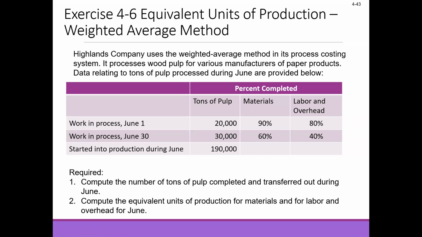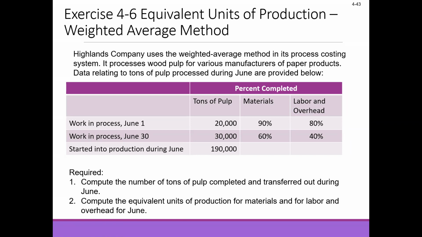Highlands Company uses the weighted average method in its process costing. It processes wood pulp for various manufacturers of paper products. Data relating to tons of pulp processed during June are provided below.